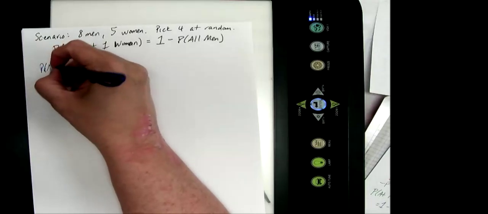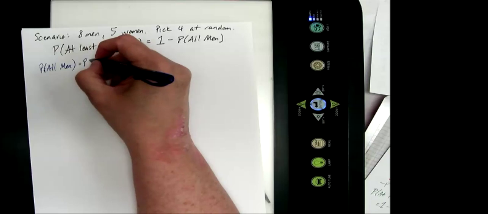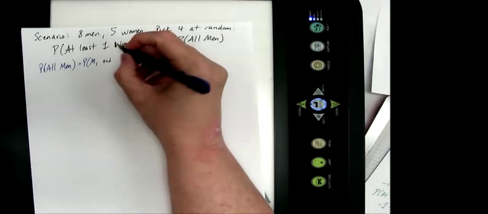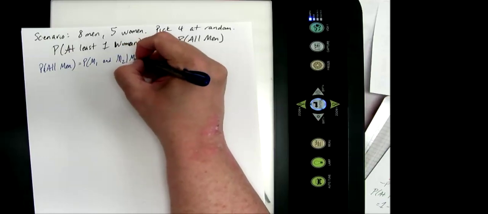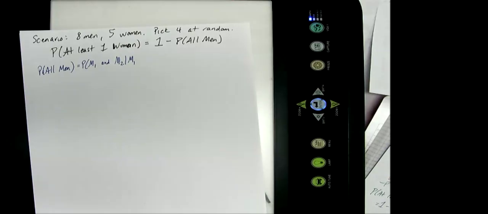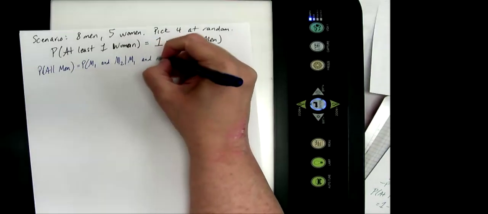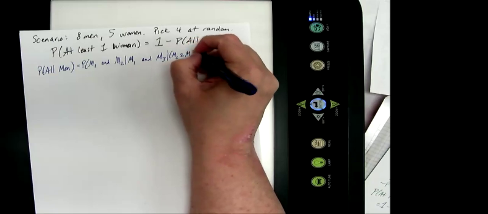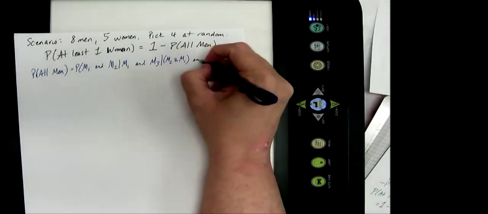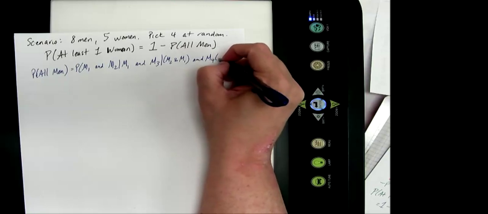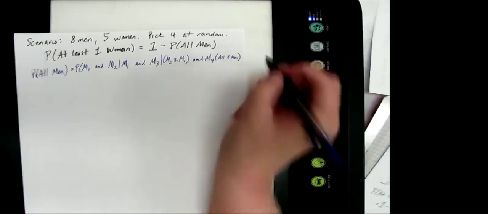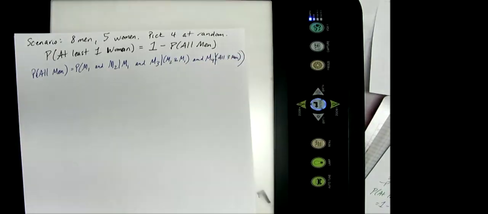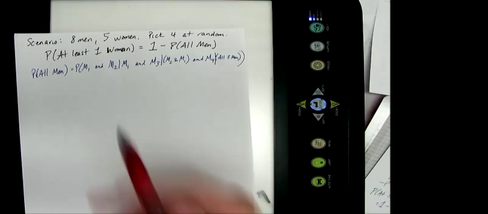This is the probability that the first is a man, and the second is a man, given that the first was a man, and the third was a man, given M2 and M1 happened, and the probability that the fourth was a man, given all three men before. And our ands turn into multiply.